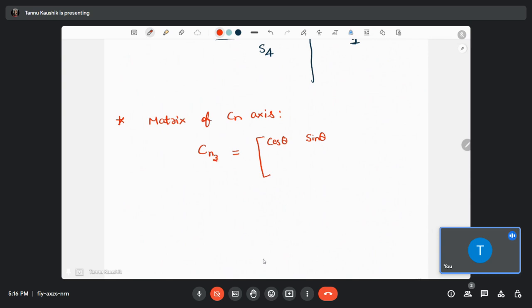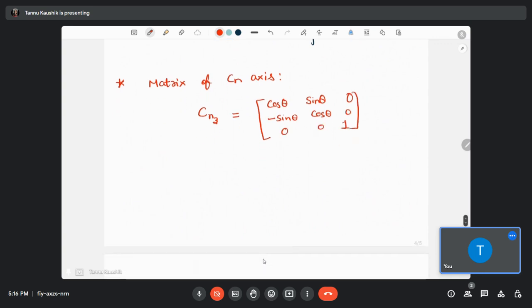It will be basically Cnz, because for the principal axis, whatever the direction of this principal axis of rotation, you will be taking z-axis along it. Cos theta sin theta 0, minus sin theta cos theta 0, 0 0 1.